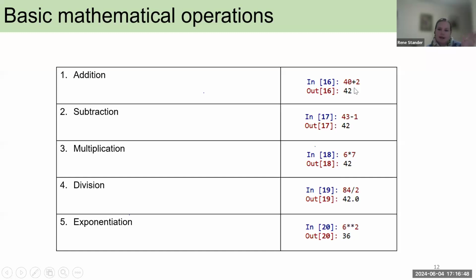Addition is just the plus symbol, subtraction is the minus symbol, multiplication is the star, division is the slash, and exponentiation is a double star, the double asterisk. This one is quite important because in other programming languages we might use the little hat sign, but that means something else in Python.